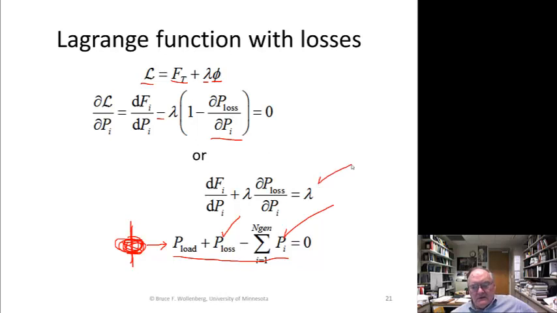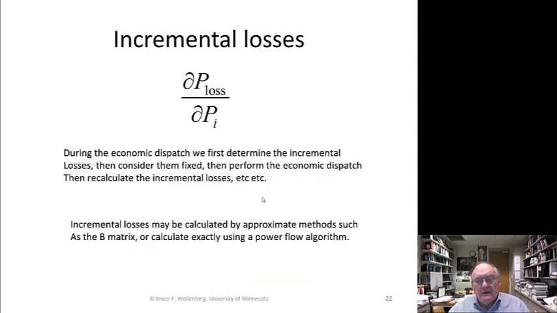Now remember, economic dispatch originally said dF/dP for each generator equaled lambda. But now we've got this extra term in here, and that means it's a little more difficult to solve.